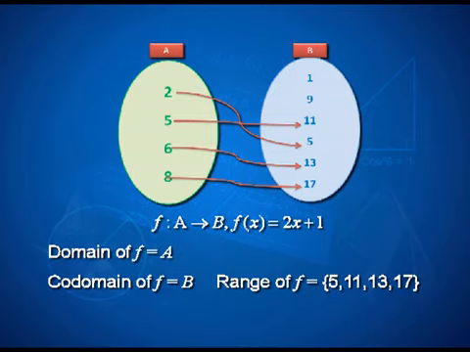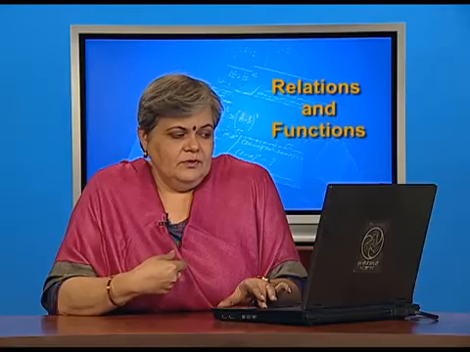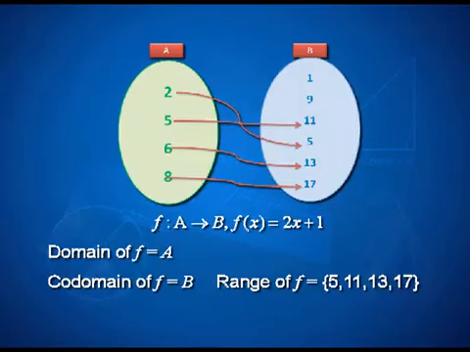The domain of the function f is all the inputs. So, it is a collection which is nothing but the set A, whereas the codomain of f is the entire set B, including the 1 and 9 which are not connected with any elements of set A, and the range of f is only the outputs, the collection of all the outputs, which means 5, 11, 13 and 17.